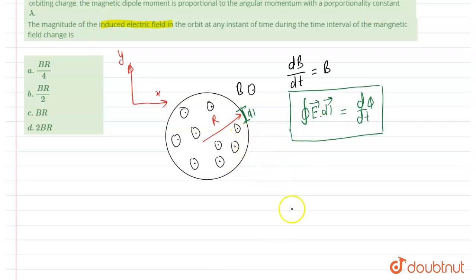At each point of that loop the electric field will be uniform, because the induced electric field is in the form of a closed loop. So we can say E into the closed integral of dl vector is equal to d over dt of the flux. The flux is equal to BA, and A is the area, so magnetic field B and the area pi capital R square.